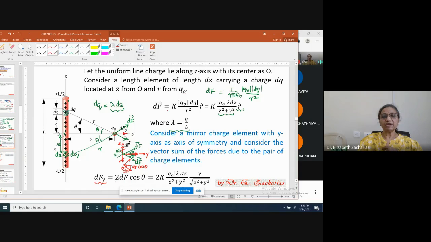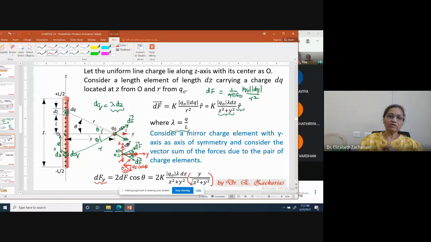I already know what my dF is. Now, without a vector symbol, let me just take my dF. I will write 2k q naught lambda dz by (z square plus r square). And now what do I write for my cos theta? Look at this right angle triangle. This side is z, this is r, and this is y.